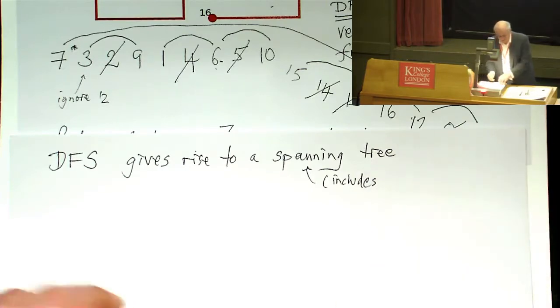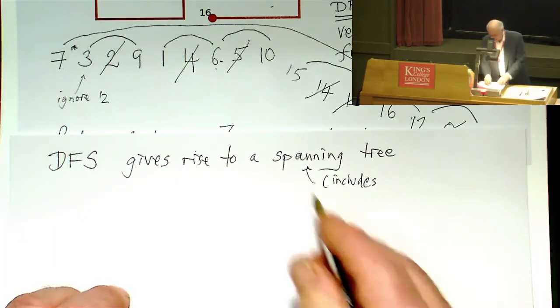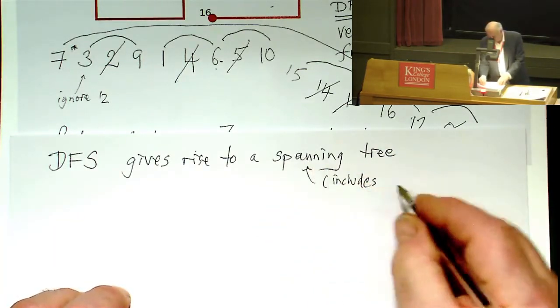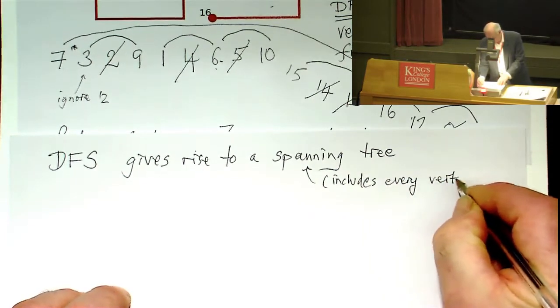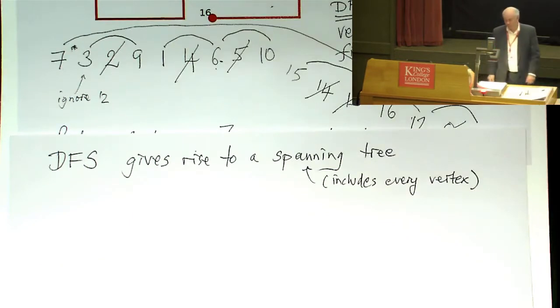So tree means a subgraph that is a tree, no cycles, but it includes every vertex. And we just have to say how we got to each vertex from each other vertex. So we just have to record the adjacencies we used.